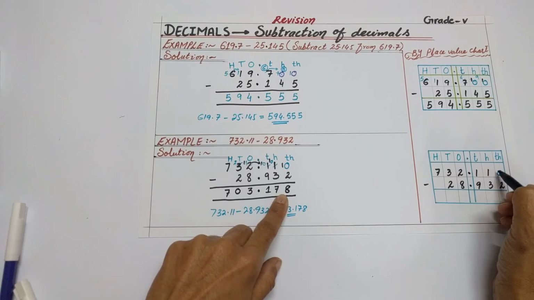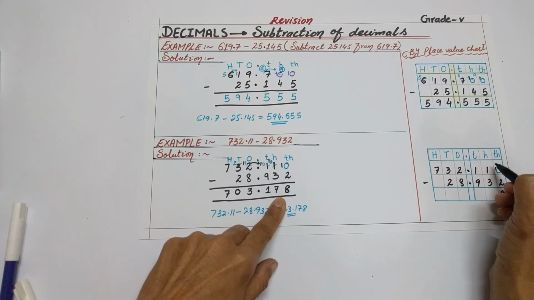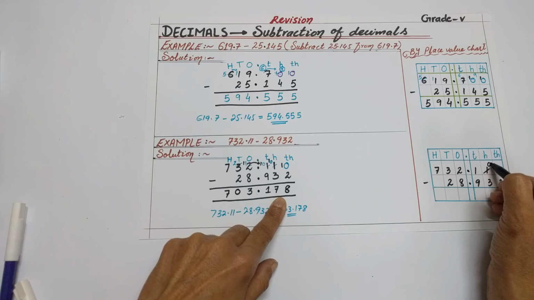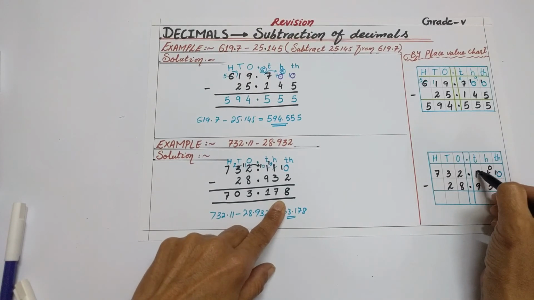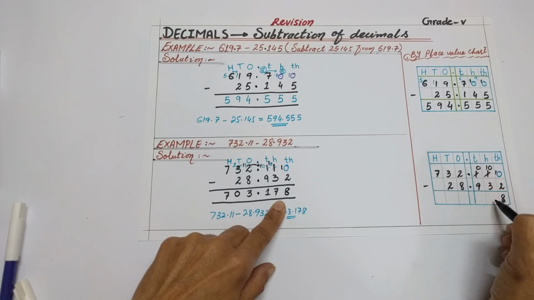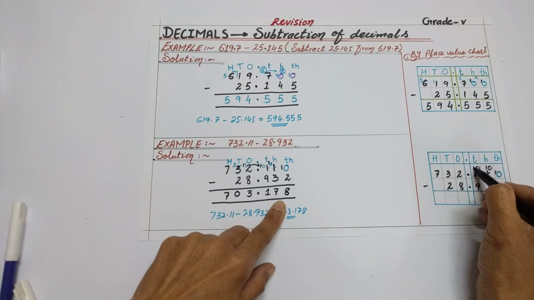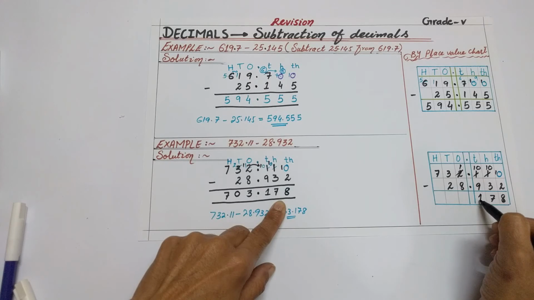0 minus 2 is impossible. We will take the borrow, it will become 10. 10 minus 2 is equal to 8. When 1 will give the borrow, left number will be 0. 0 cannot be subtracted from 3. Impossible, take the borrow from 1, left number will be 0. 10 minus 3 is 7. Again 0 is less than 9, take the borrow from 2, left number will be 1. 10 minus 9 is equal to 1.